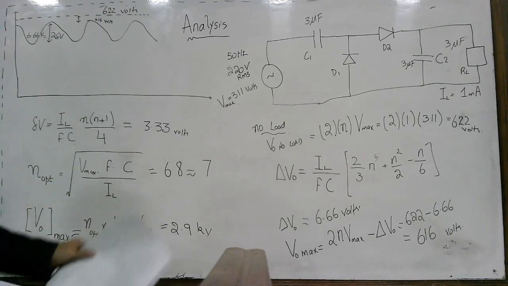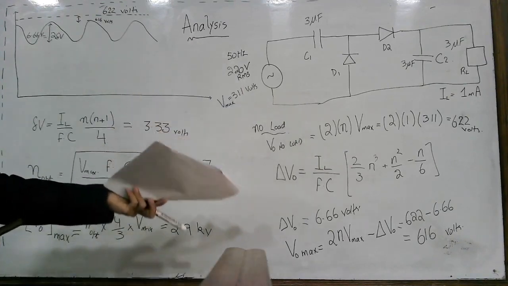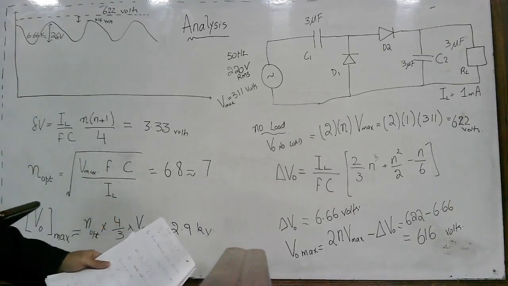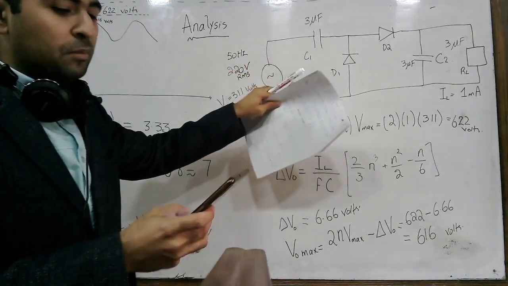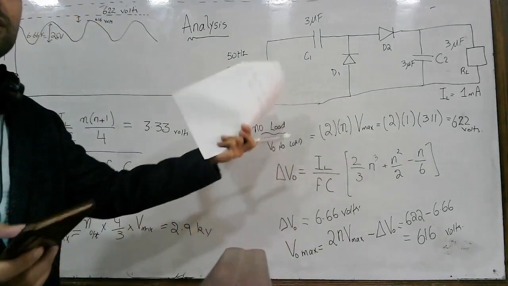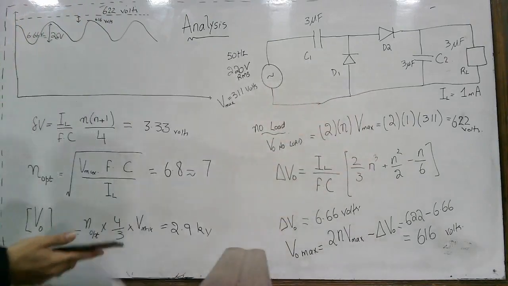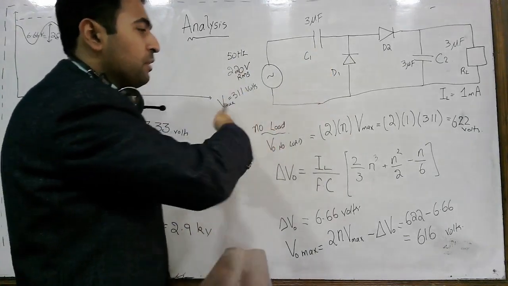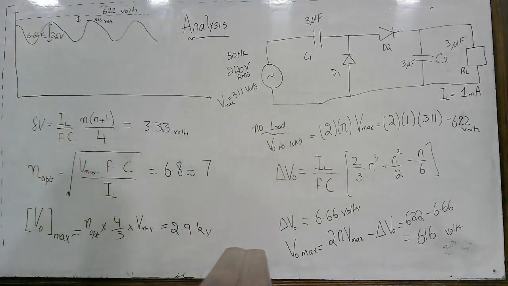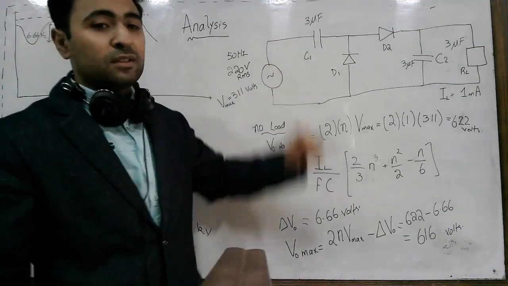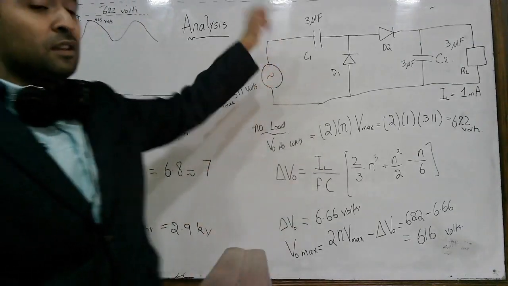If I go for 10 stages, which is not suitable because our optimum number of stages is 7, then 2 multiplied by 10 multiplied by 311 comes out to be 6.2 kilovolts, which you cannot achieve with this value of capacitor and frequency. So what to do if you want more voltage? If you have 311 volts and only these capacitors, how can you increase the number of stages?